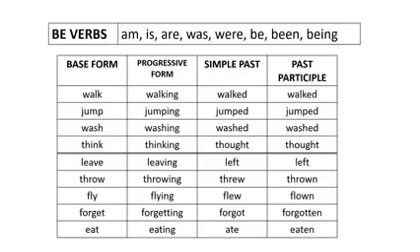Progressive form is jumping. For the simple past and past participle, you simply add again -ed. So you have here jumped and jumped. So the verbs that you just add -ed to form the simple past and past participle are considered as regular verbs. As you notice, the spelling did not change. You just simply add -ed to form the simple past and the past participle.